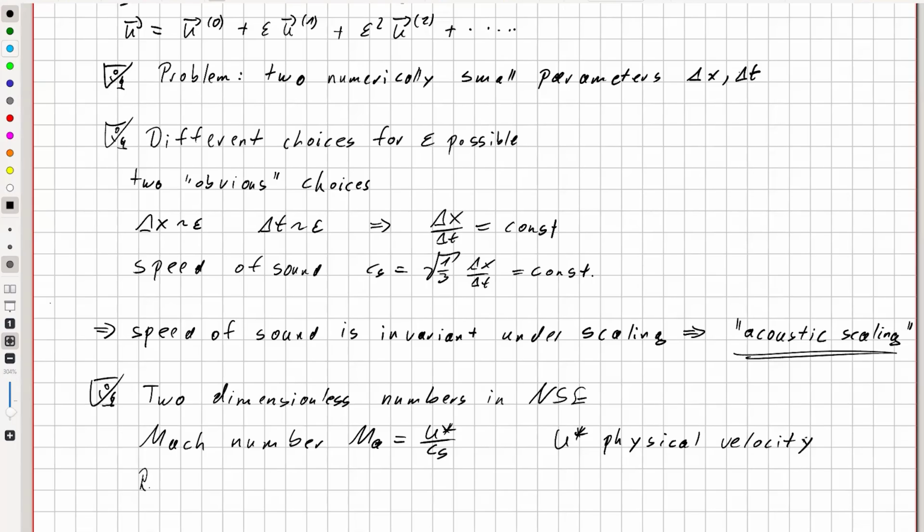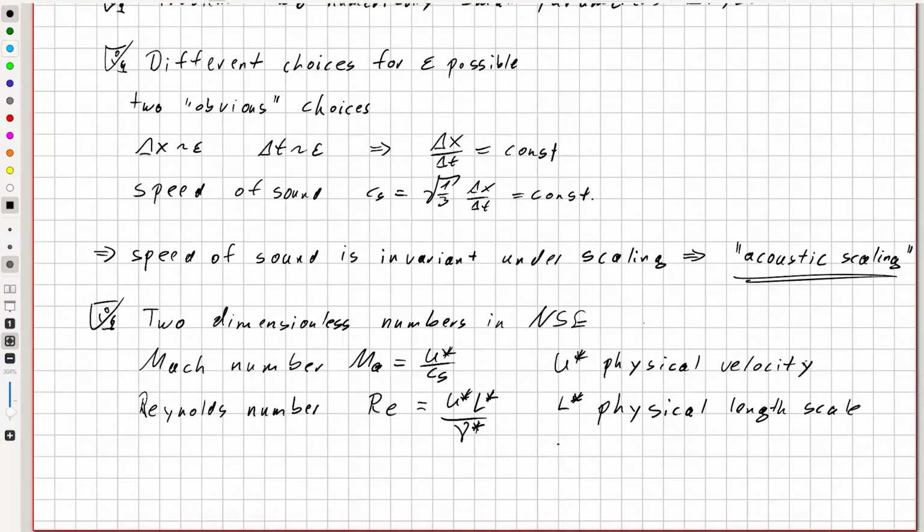Then we have the Reynolds number. This is the physical velocity scale times the physical length scale divided by the physical viscosity, nu, the physical Cs square times 1 over omega minus 1/2.